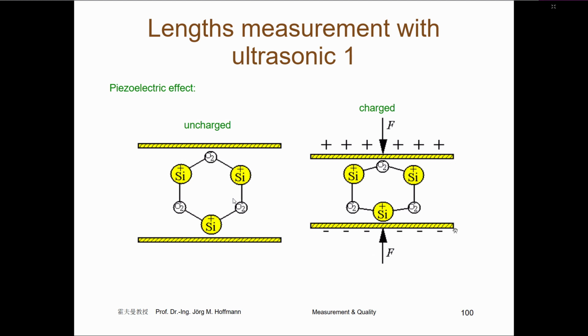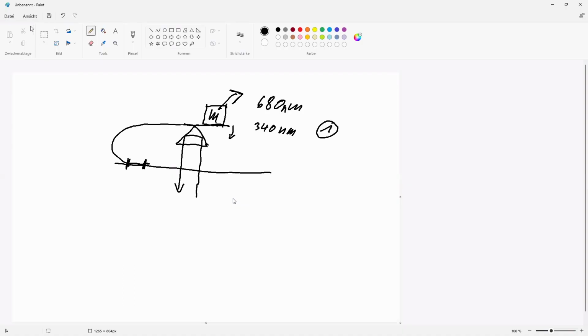And now we look at what will happen here. I go again to my drawing.